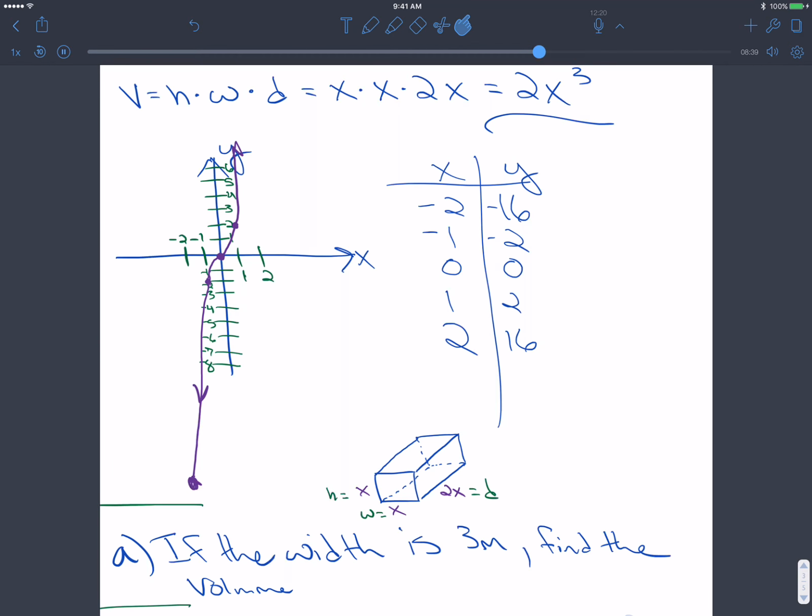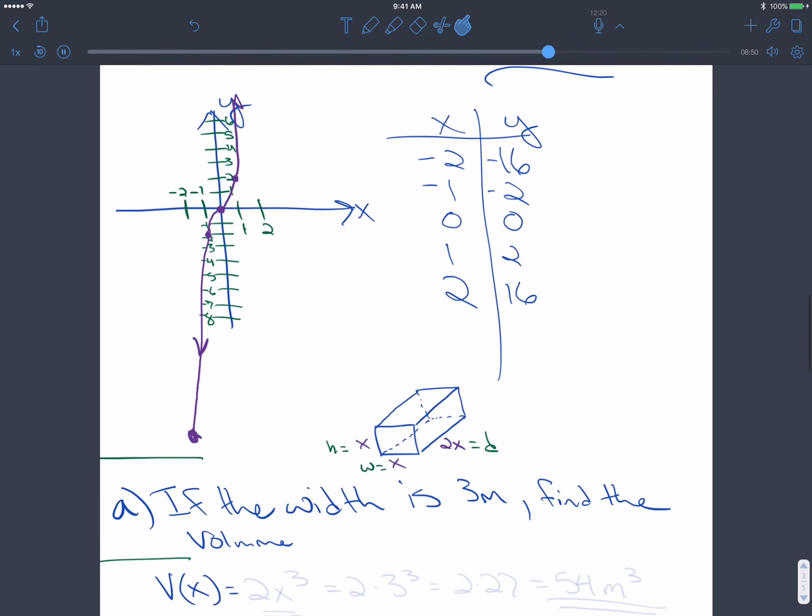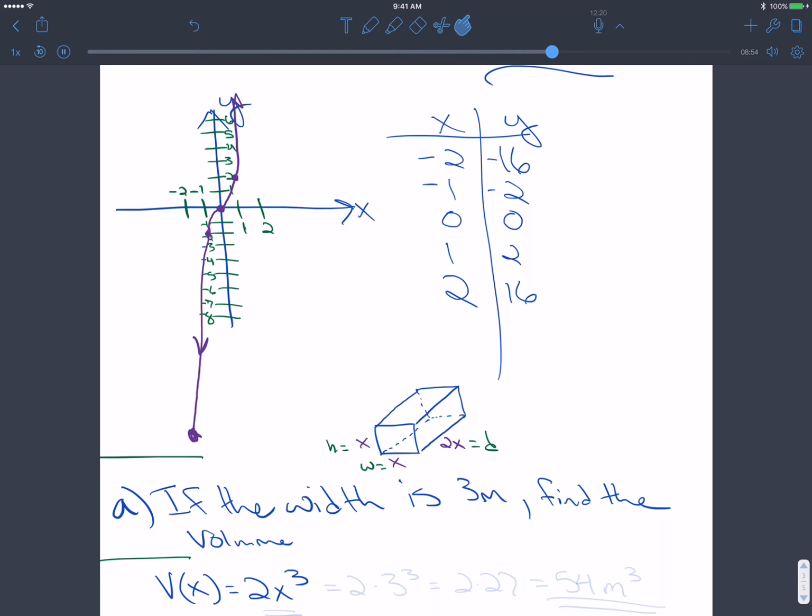If the width is 3 meters, and you look back at the shape of the box, the width was equal to x, so V of x, which is the function that we defined, 2x cubed, I would just substitute in 3 for x. So I would have 2 times 3 cubed. 3 cubed gets me 27. 2 times 27 is equal to 54.